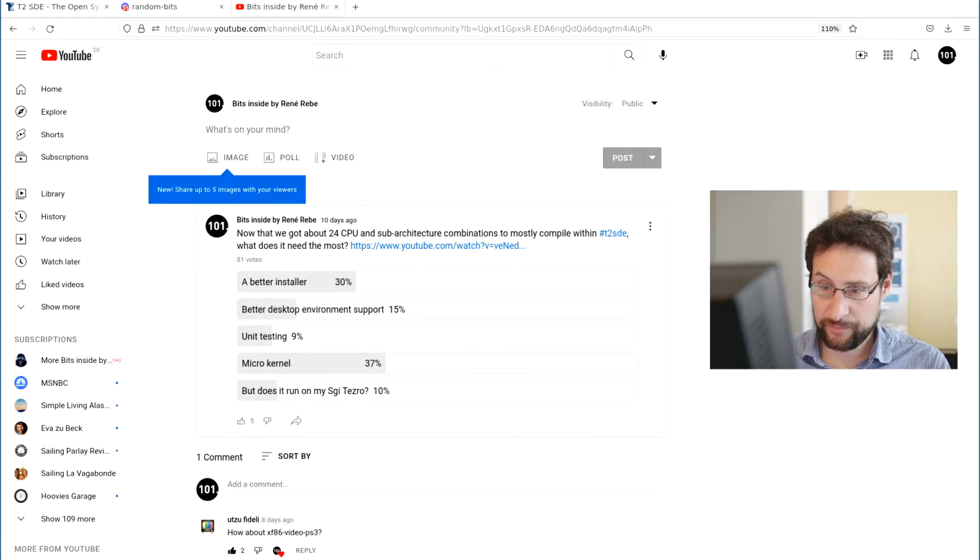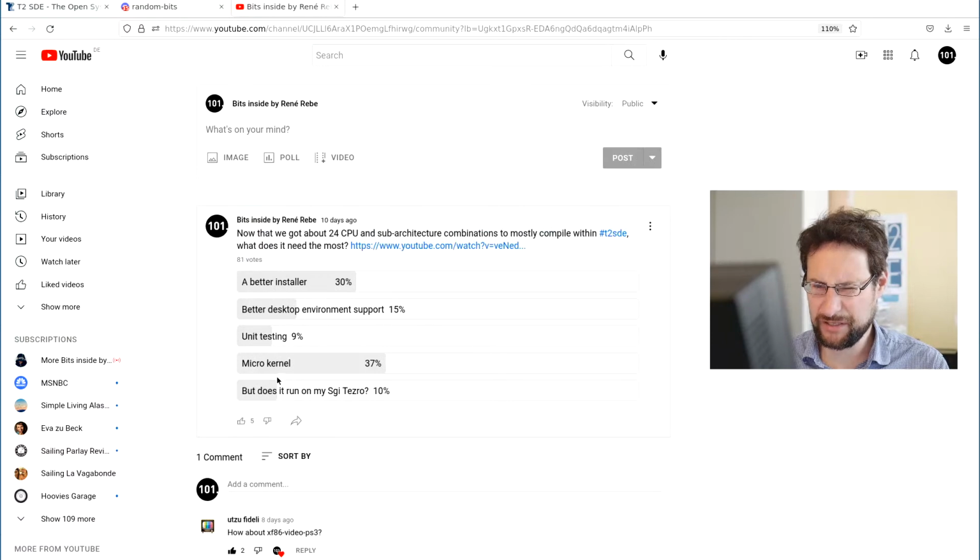Actually more people voted. Amazing. I think at 50, I mean, it's some crazy stuff with 20 votes. It was of course microkernel. I think with like 50 votes it was better installer. I'm actually surprised. The last time I looked at that, like 5 days ago, it was actually like 50% better installer. Obviously fans of microkernel here, I appreciate that.